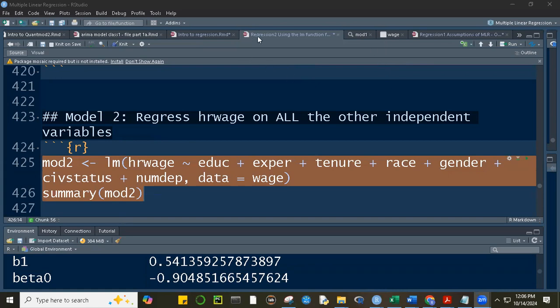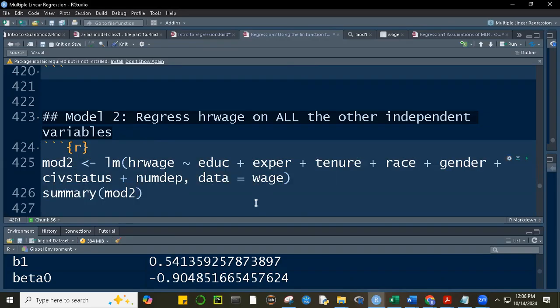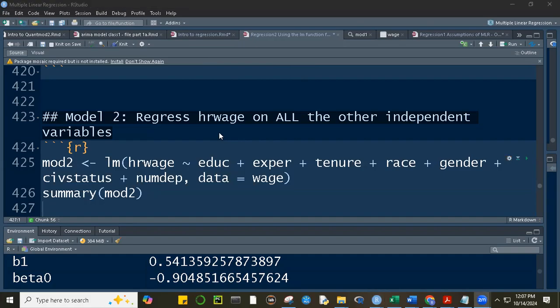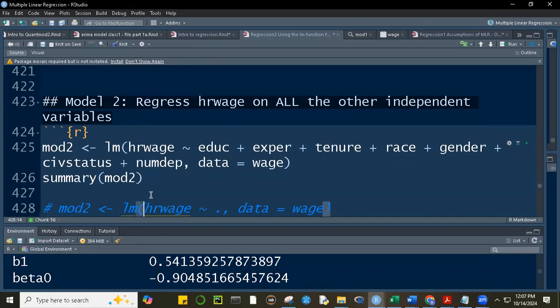Paki-chat please if you were able to run yung model 2 natin. Okay, good. Sige, so let's compare.